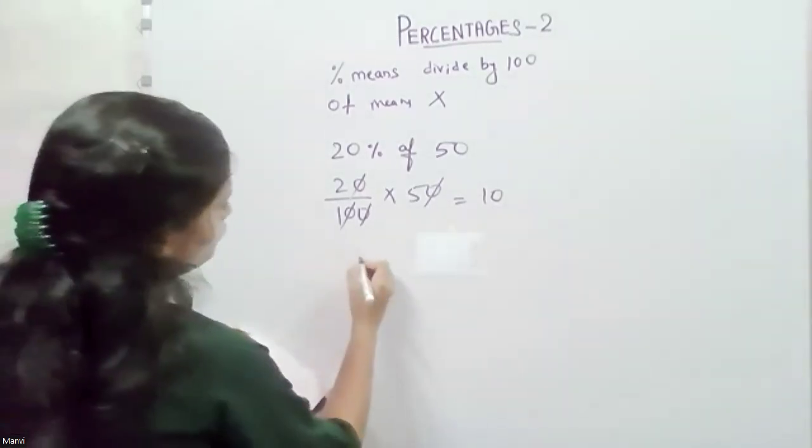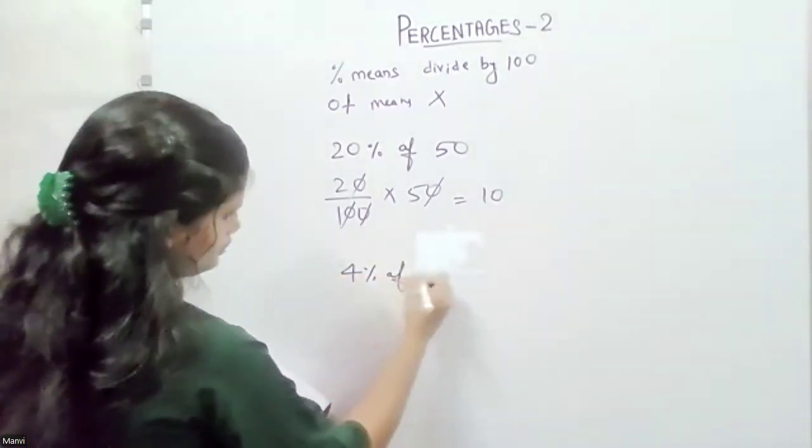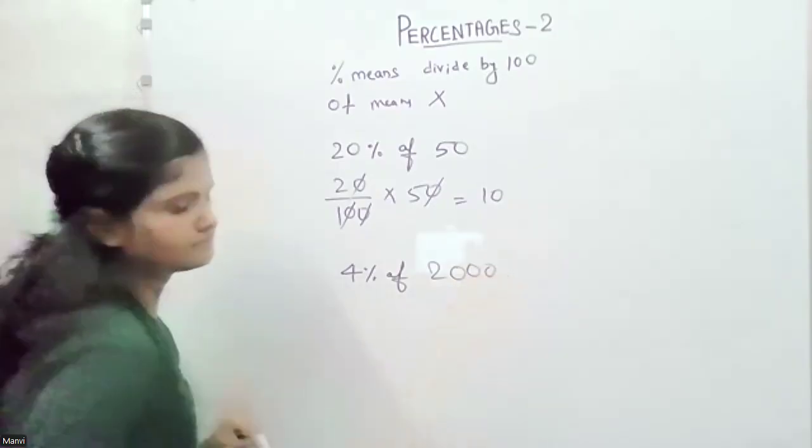Now tell me, what will be the answer for this? 4% of 2000.